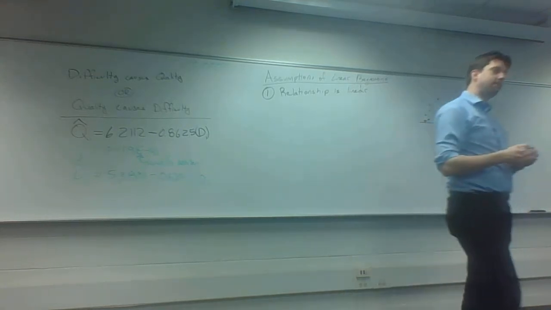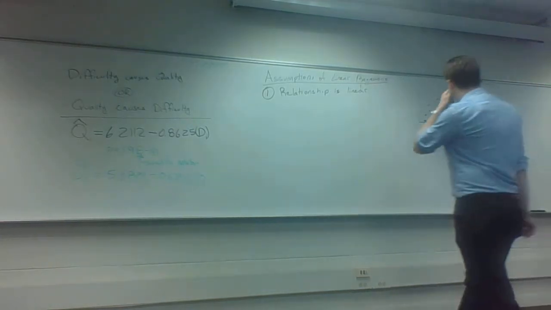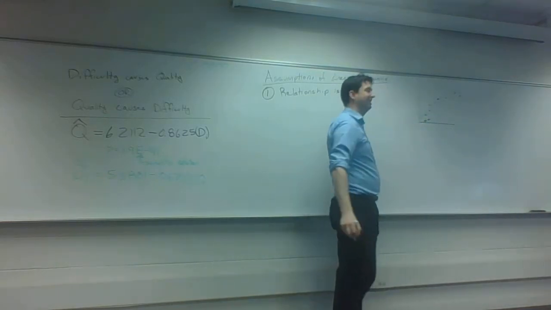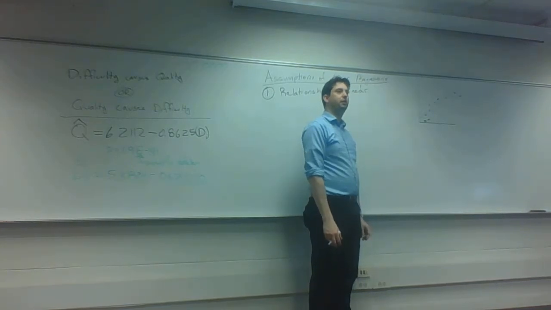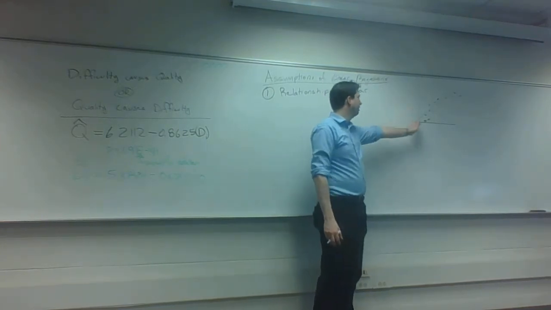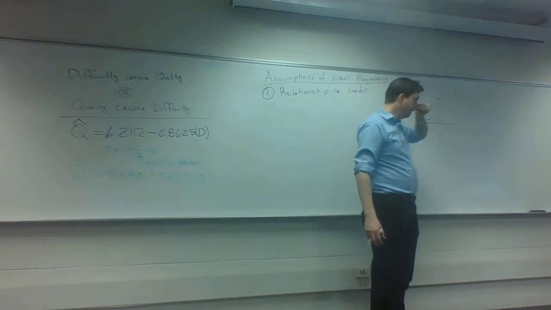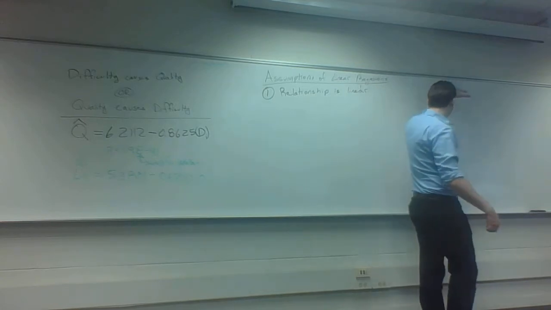If you were to try to force a simple ordinary least squares regression on it, you would get something that looks like that. That's not that great. Clearly, that doesn't really map well. This is not a linear relationship. There's a curve here. It's more of a logarithmic function.